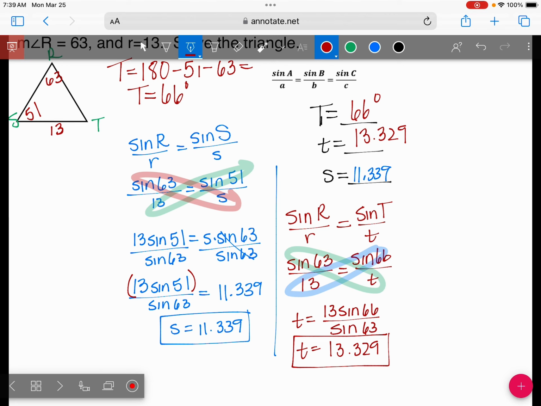All right, go ahead and try to draw out the next triangle. Does anybody need help typing it in the calculator?